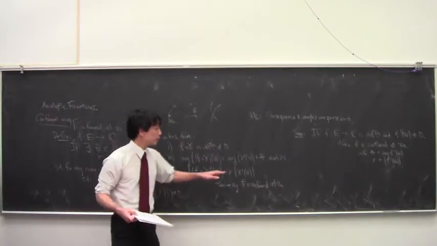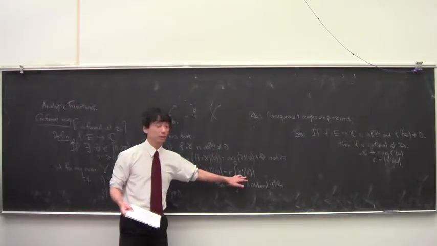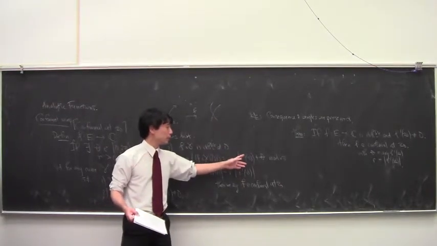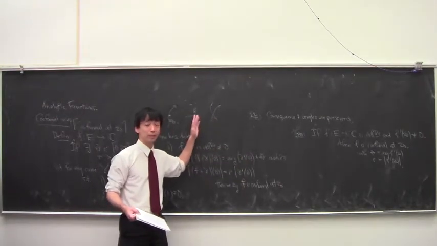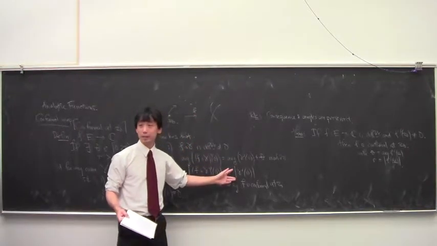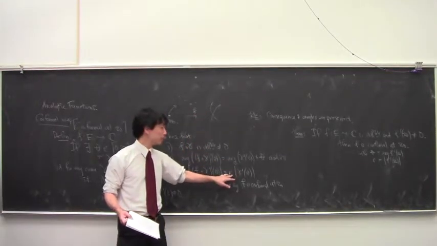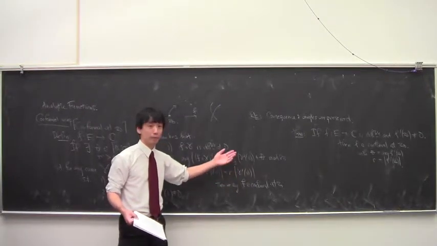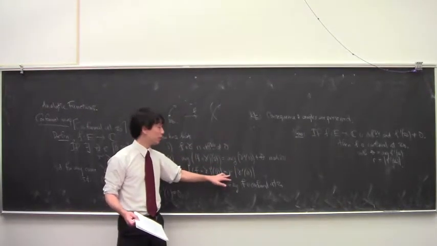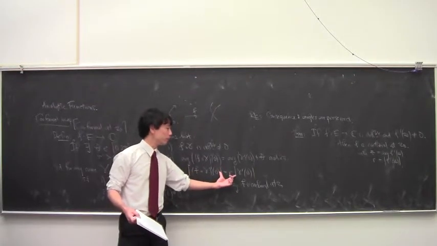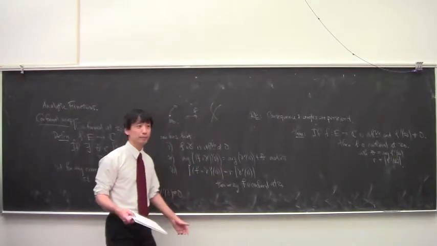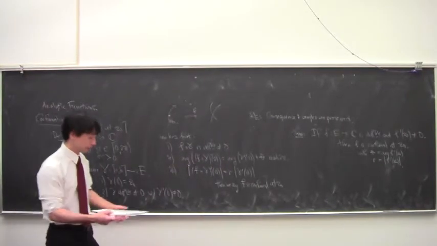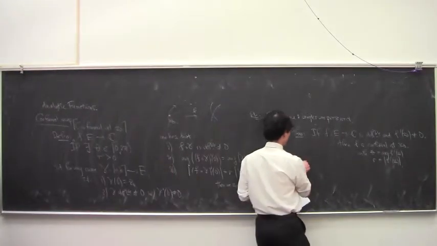So tangent vectors get stretched. What this is saying is that the tangent vector gets rotated by some angle, and the second one is saying that the tangent vectors get magnified by some r. And that can involve a flip as well, right? But the magnitude is multiplied by some r.